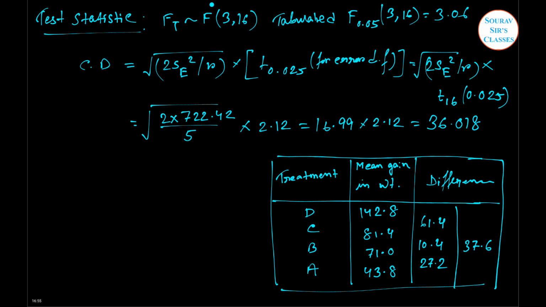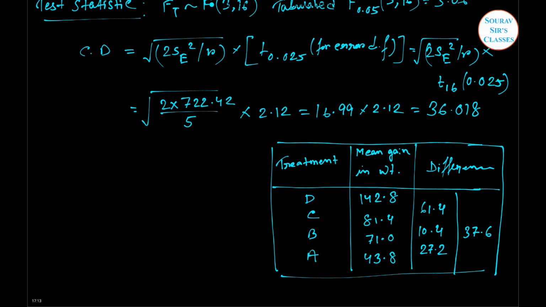Comparing these differences with CD, we find that treatment D differs significantly from each of the treatments A, B, C. The treatments A and C also differ significantly, and all the remaining differences are not significant. Now the conclusion: first, treatments A, B, C, D are not alike.